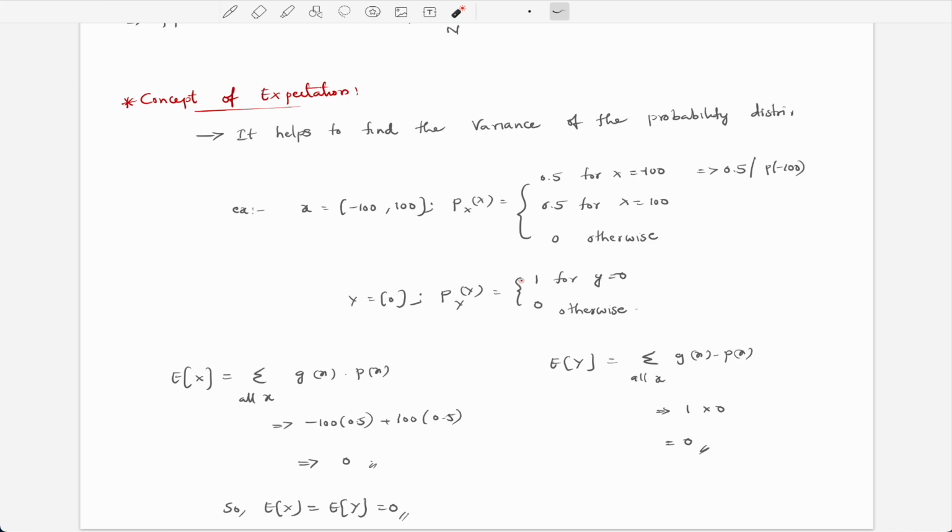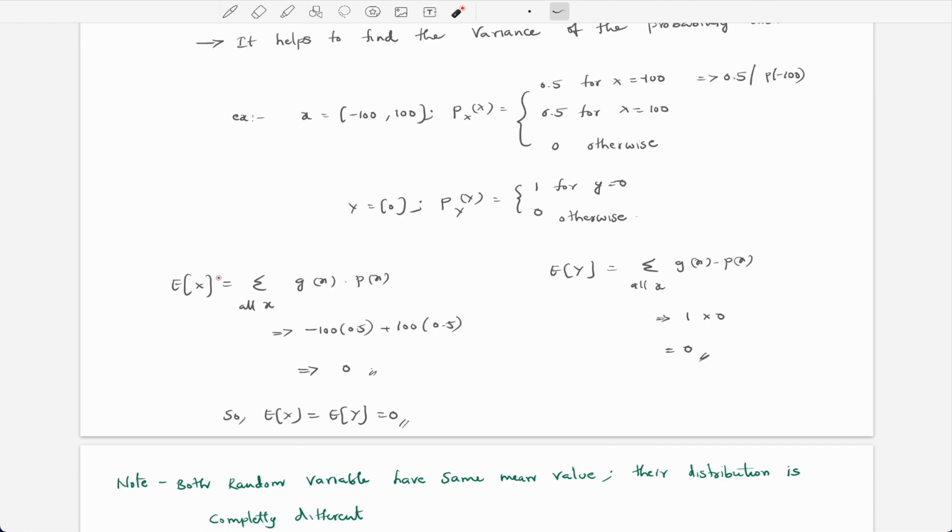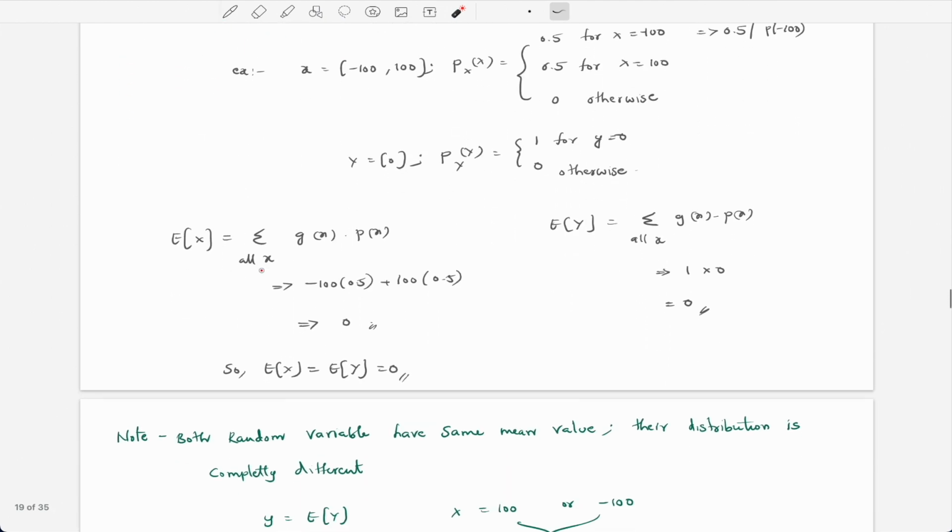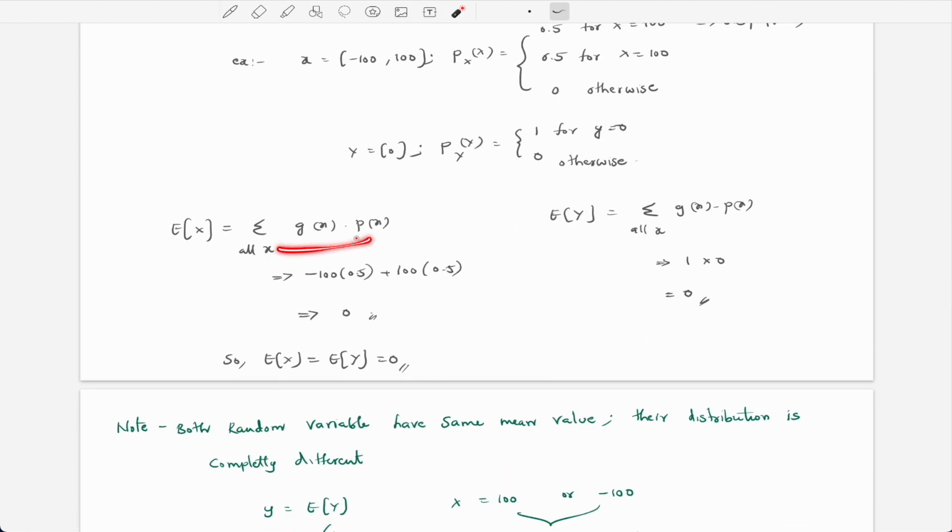It is kind of a complex thing, but it is easy if you put your mind to it. So if it is yes, then y is equal to 0, otherwise it is 0. Here for x, if yes, then it will give -100 or 100, otherwise it will give 0, right? So how are we going to find the expectation?